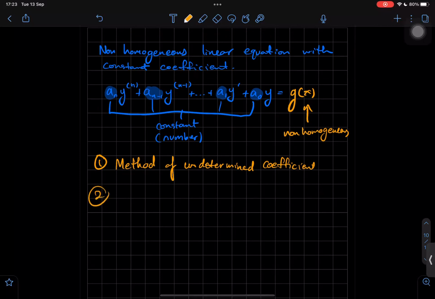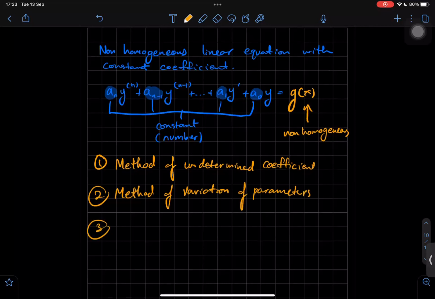The second way is the method of variation of parameters, and the third one is the operator method.